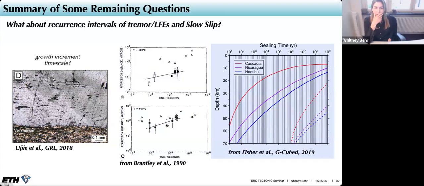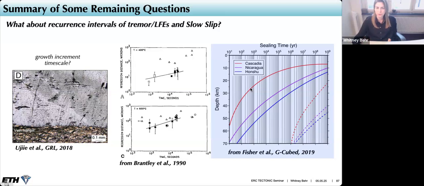But then on the right, I'm showing a plot from a paper Don Fisher published a few years ago, in which they used a more theoretically derived kinetic model with different rate controlling mechanisms to infer sealing times, and plotted those times for typical subduction geotherms, Cascadia being the warm case and Honshu being the cold case. But even for quite warm subduction zones like Cascadia, the maximum sealing times that they get are on the order of 10 to 100 years.